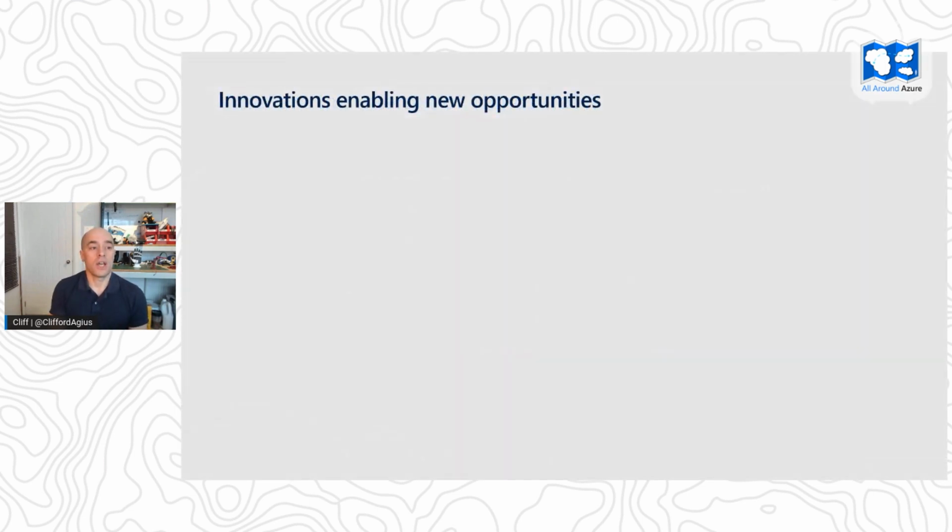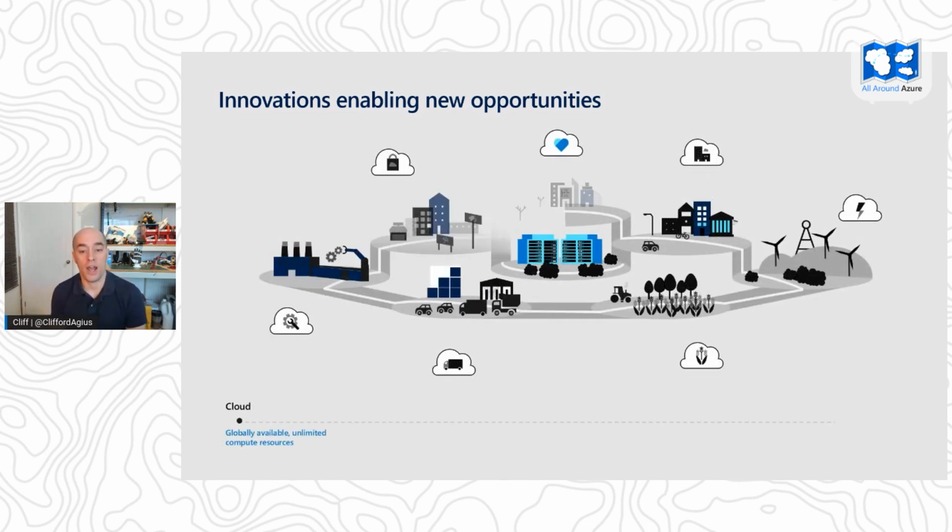But let's look at how IoT can be used to enable your business to grow in the future and to take advantage of the changes in IoT. Certainly over the last few years, there's been the introduction of cloud computing. We've all heard about it. Somebody else's computers in the cloud, but IoT is now connecting to that cloud.